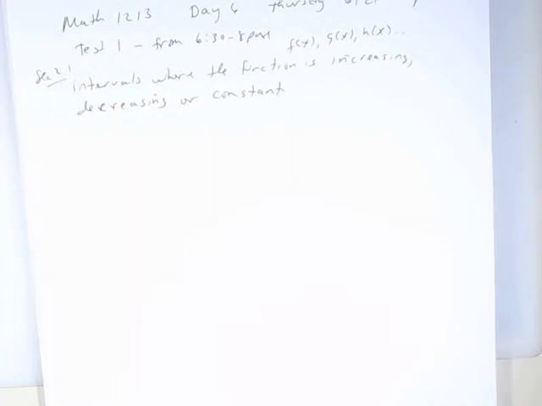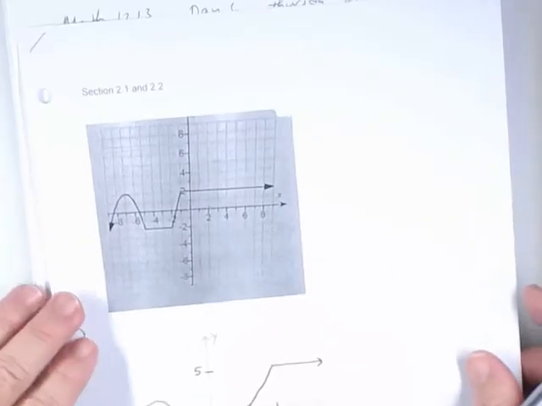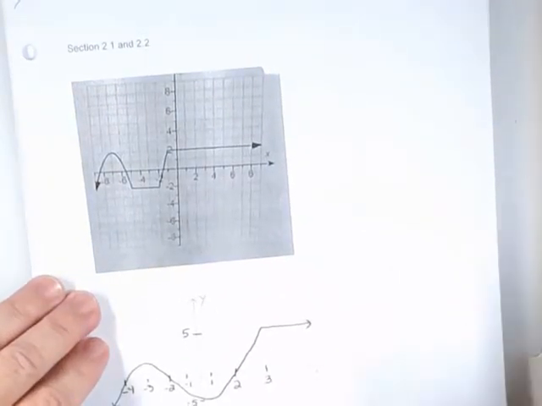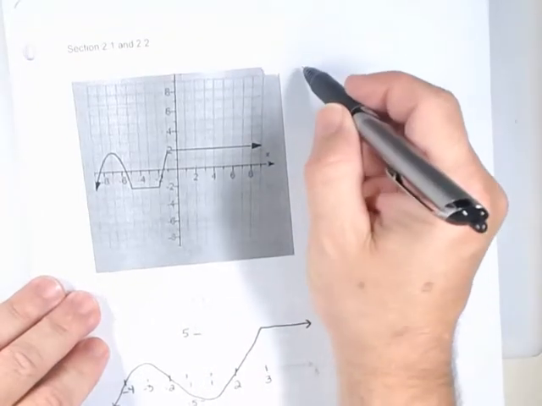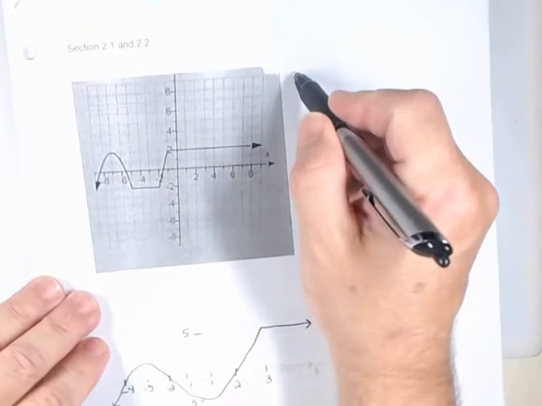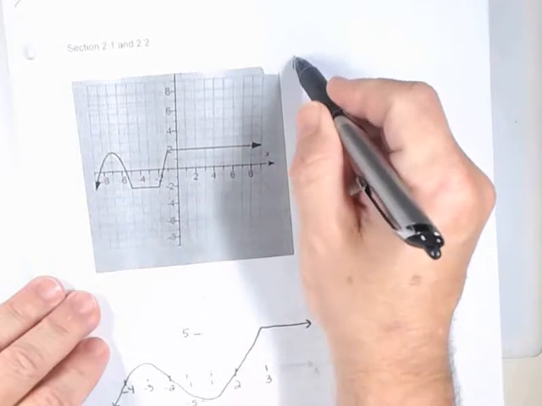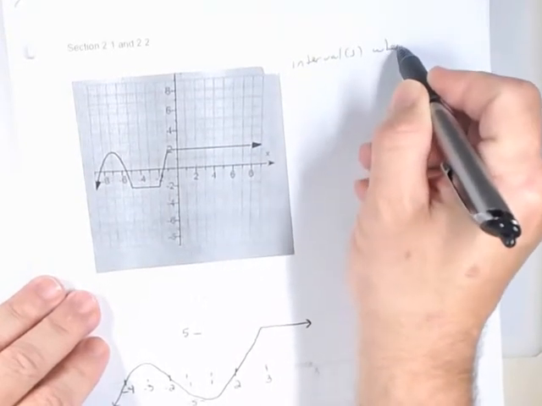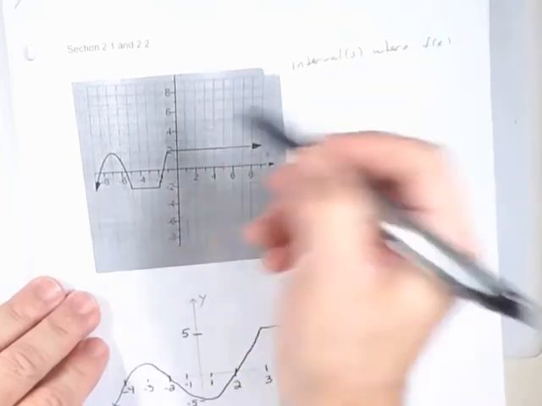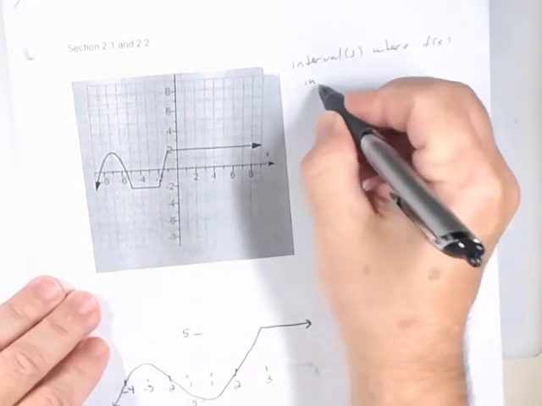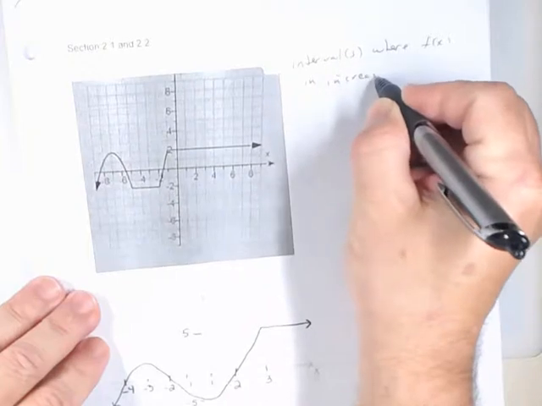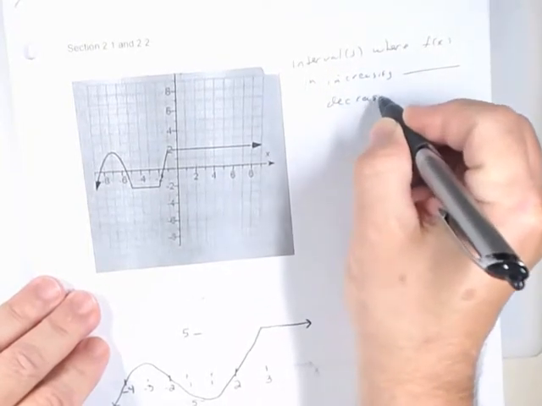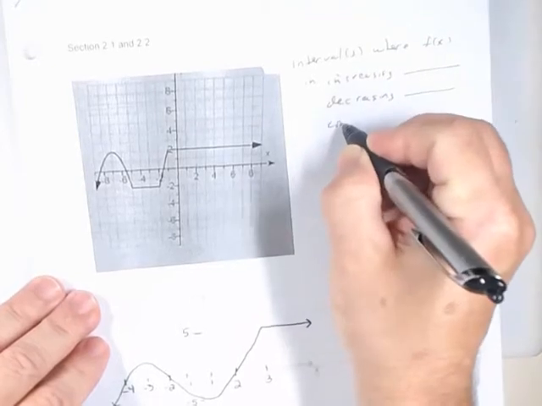So in terms of this graph right here, go ahead and take that one out. So the first thing we're going to do is determine the intervals where f of x, and let's say this is function f of x, is increasing, decreasing, and constant.